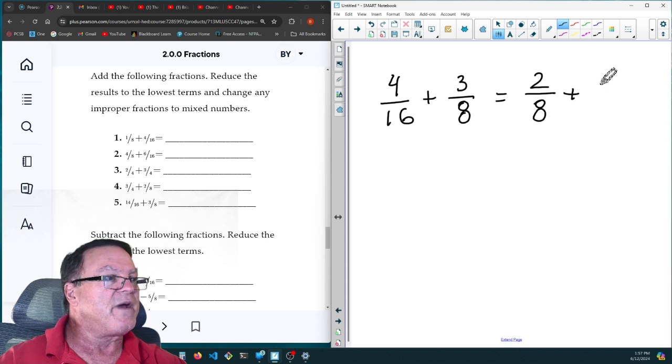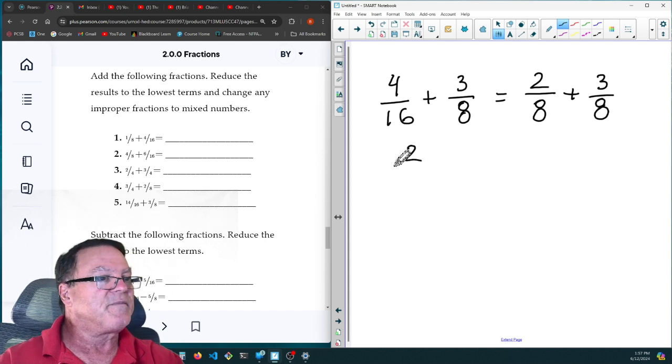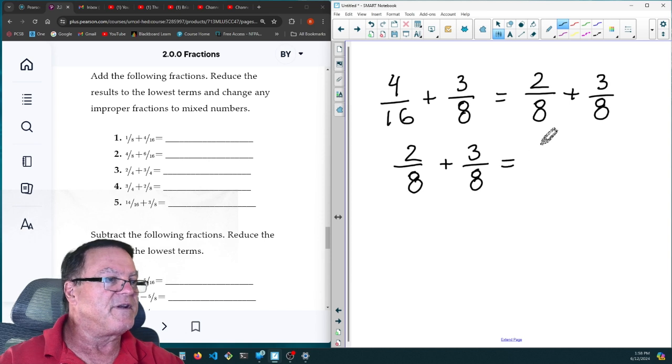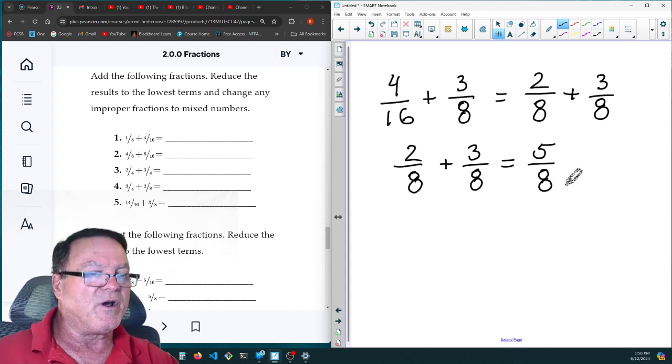So it equals 2/8 plus 3/8. You guessed it, it equals 5/8. That's the same answer as we found a moment ago.